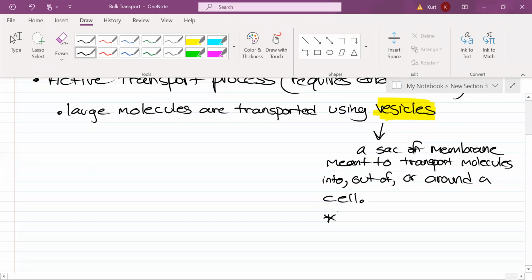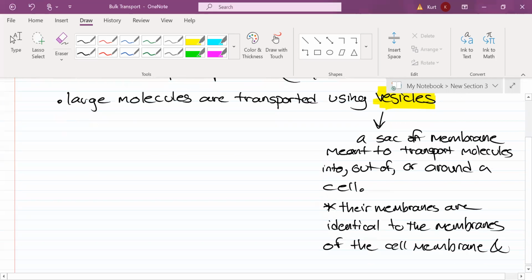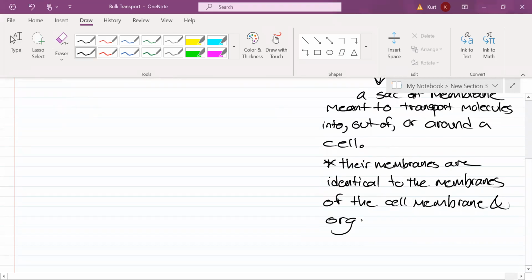And keep in mind that their membranes are identical to the membranes of the cell membrane and organelles.